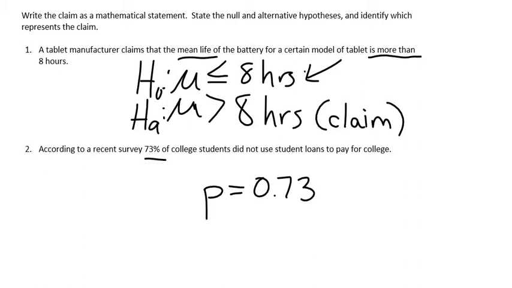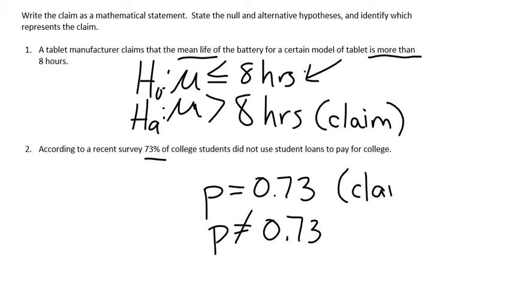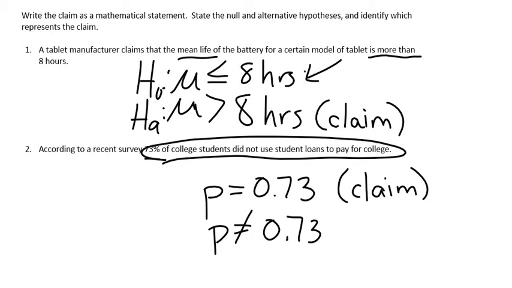0.73. Okay, did not use student loans, so 73% of college students did not use student loans to pay for college. The complement is going to be the opposite. So here you have equals, the complement is going to be not equals. And we just got through stating that this one actually was the claim because we took what was given here and we wrote it as a mathematical statement.